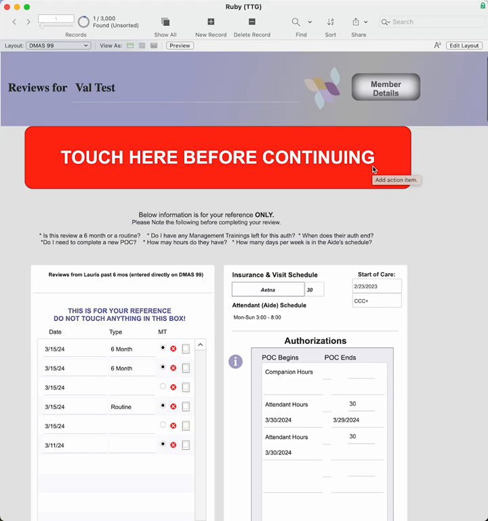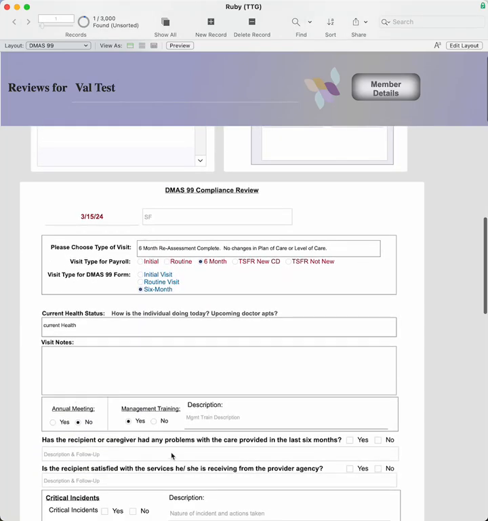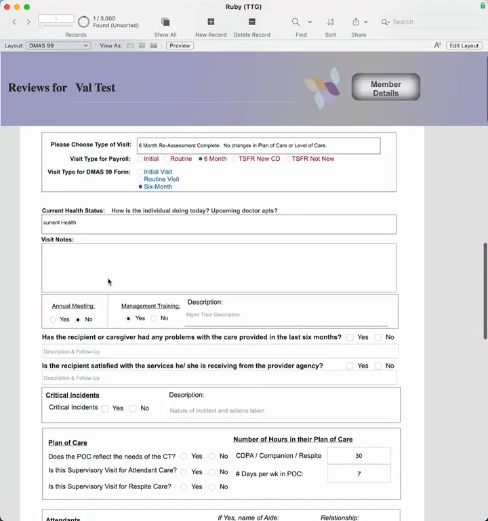You want to pull up the review that you just did so you can adjust your visit notes. Right here, you'll see your last review. Touch that date. You saw a little flash. Now you can move down and you'll see your visit is populated here. And you now can adjust your notes.